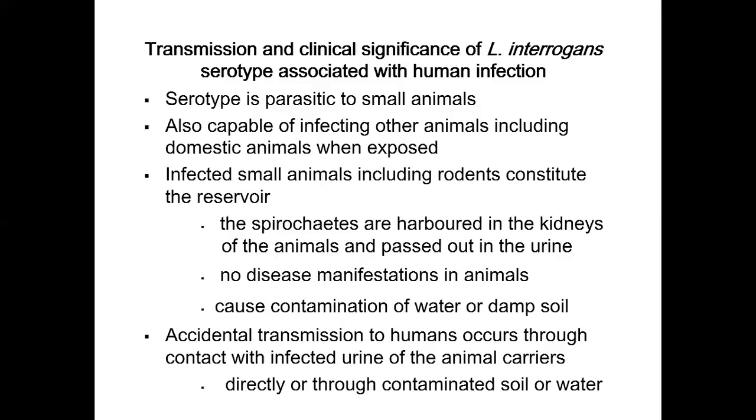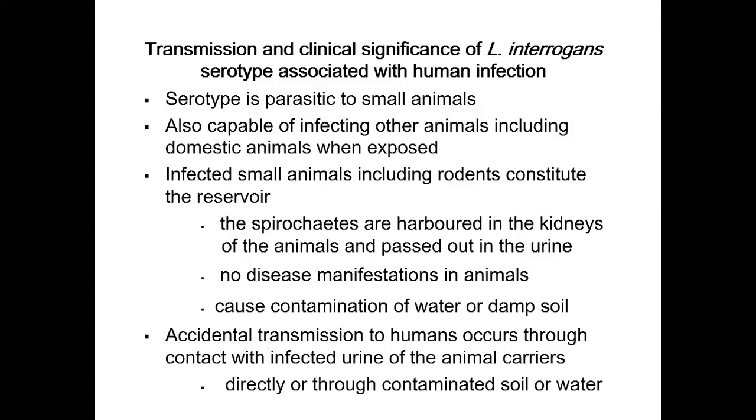Infected small animals include the rodents, and they constitute the reservoir. They just harbor the organisms in their kidneys and occasionally pass it out in their urine. Otherwise, they are healthy. It doesn't cause any disease in them.